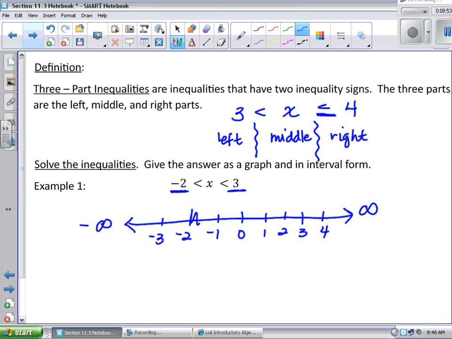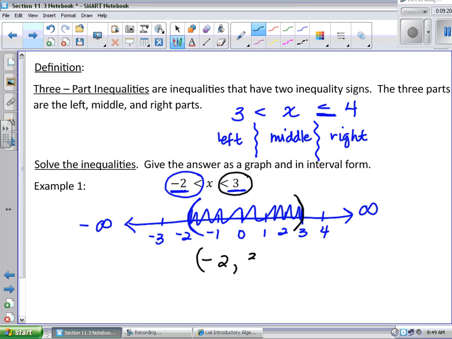The inequality sign close to the negative 2 is a less than, so I need to use a parenthesis at negative 2. And the inequality sign closest to the 3 is a less than, so I use a parenthesis there. And my interval will be parenthesis negative 2, comma 3 with a parenthesis.